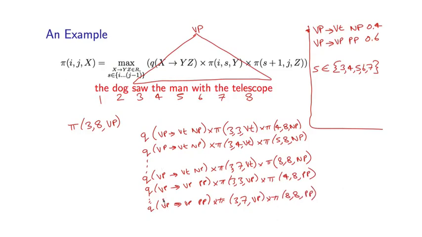Okay, so I'm going to search through all of these different possibilities. I'm going to search over all possible rule choices expanding VP, and I'm also going to search through all possible split points. So each of these products is going to have a different value, and I'll simply take my final value of pi of 3 8 VP as the max of all these different values.